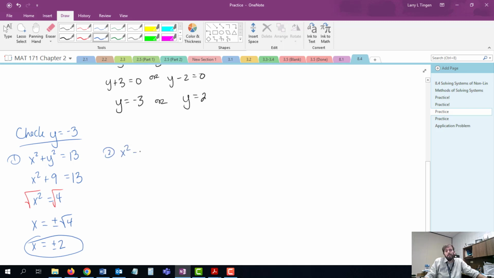X squared minus y is equal to 7. But I know that y is -3. X squared minus -3 becomes +3.